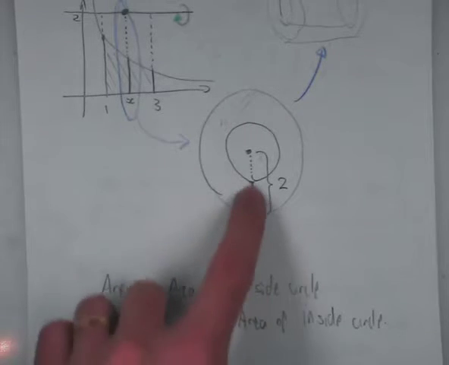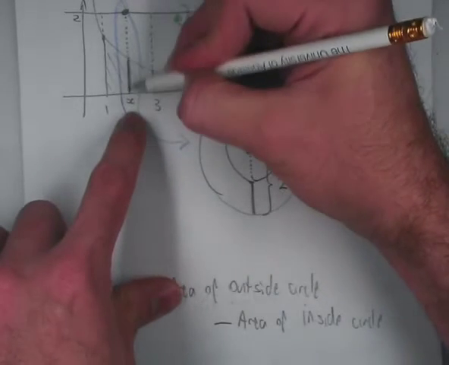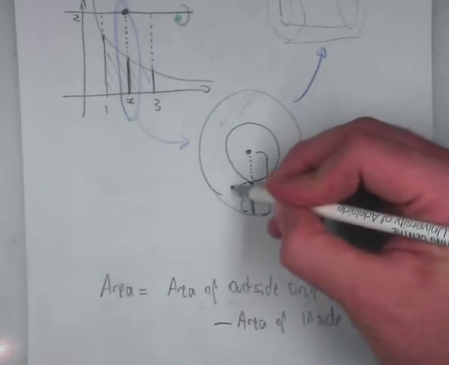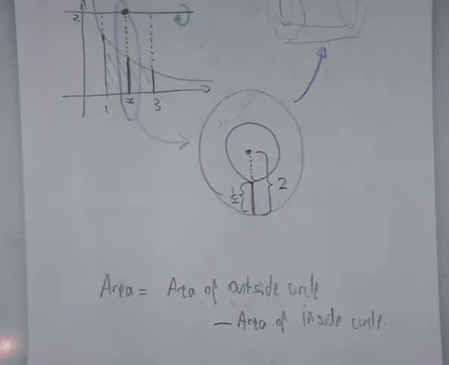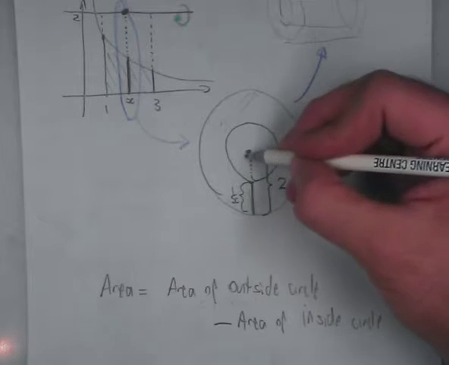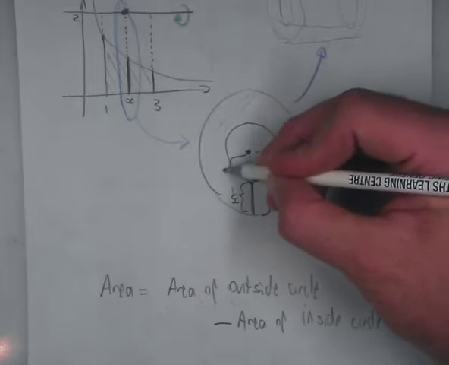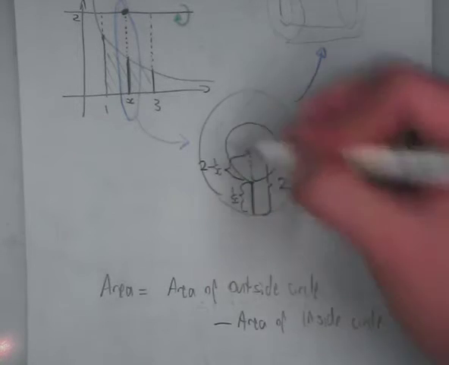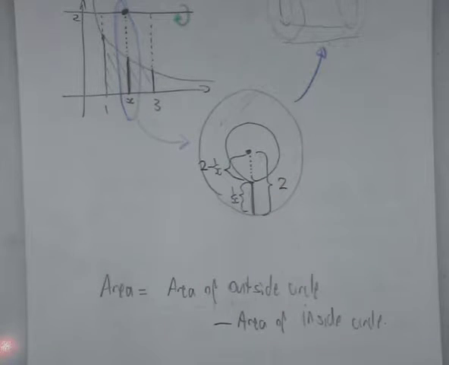And this dark line here is that dark line just there, which is the height of my function. So this is 1 over x. Which means that this radius just here must be 2 minus 1 over x. Now found all the pictures.